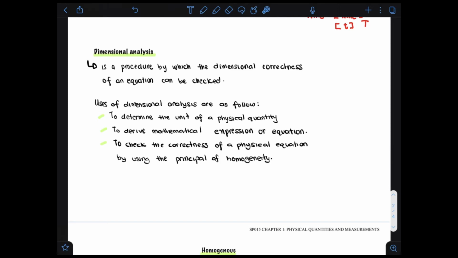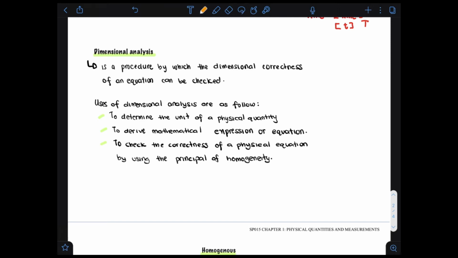The second learning objective is to determine the dimension of derived quantities. So by using this dimensional analysis method, you can actually come out with the derived quantities unit as well.